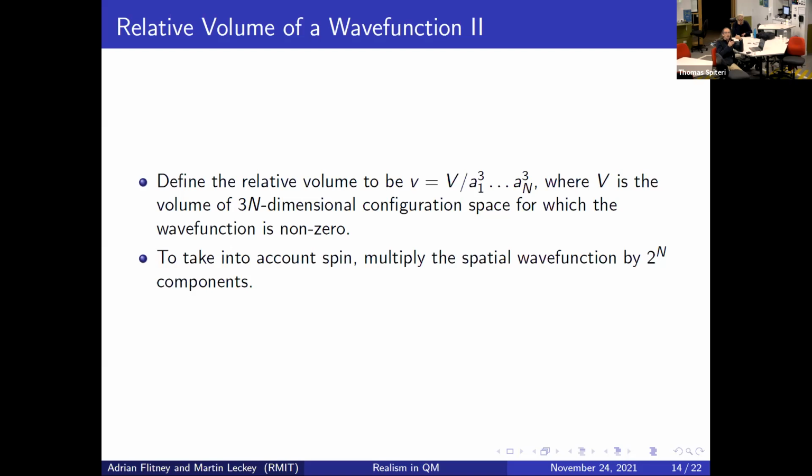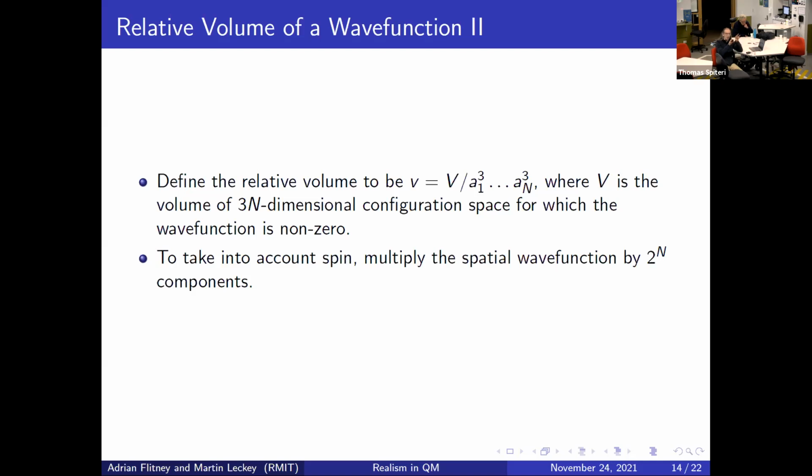And then we can define the relative volume occupied by this wave function. So we take the volume V here, which is this 3n-dimensional volume in configuration space, for which the wave function is non-zero, remembering that the wave function is dropping to 0 as it spreads, so it's finite in extent. And we simply divide that by the size of a unit cell. So this relative volume is in fact just a number.